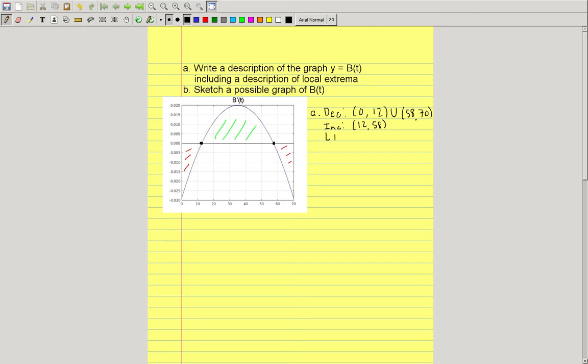If we have a local minimum for our function, it's going to occur when t equals 12. And if we have a local max, it's going to occur when t is equal to 58. Again, because we are decreasing in this region, increasing in this region, and decreasing in this region.